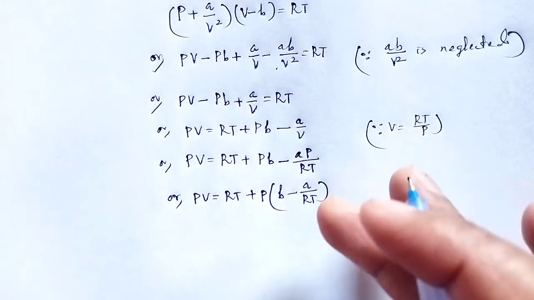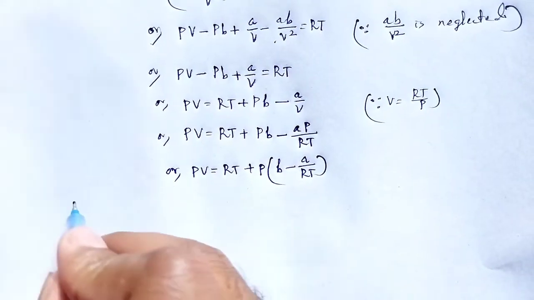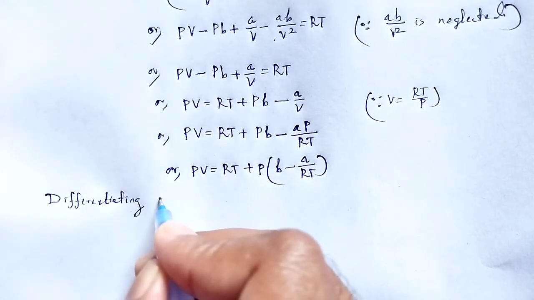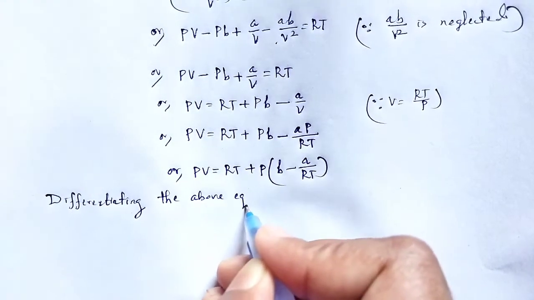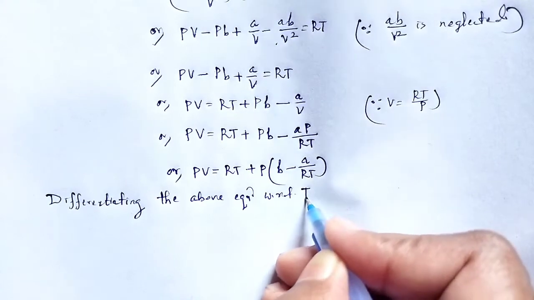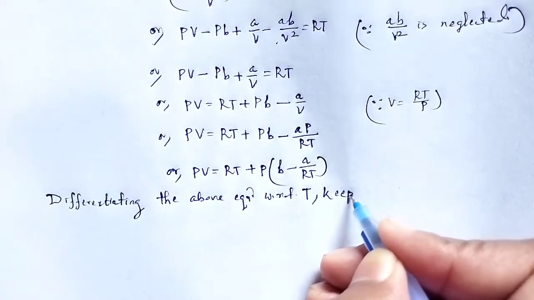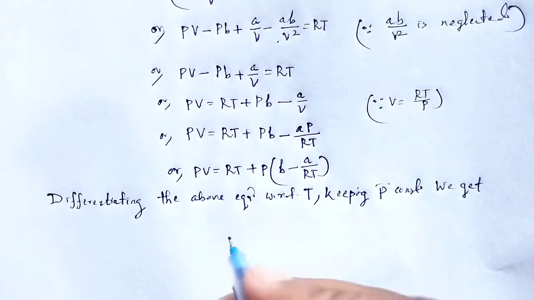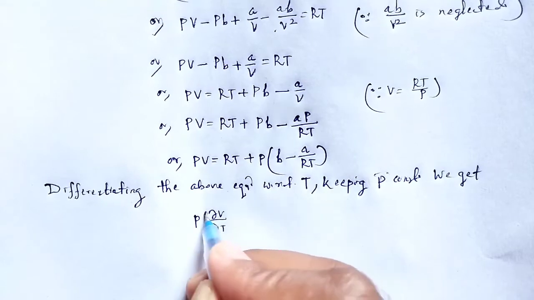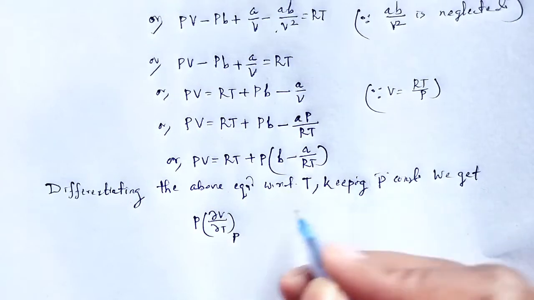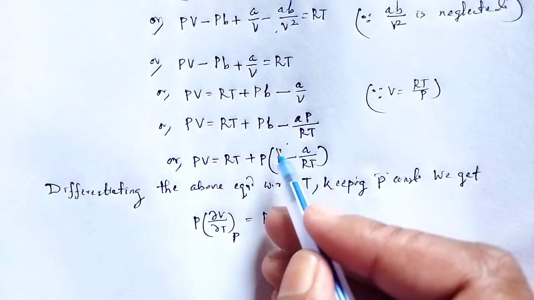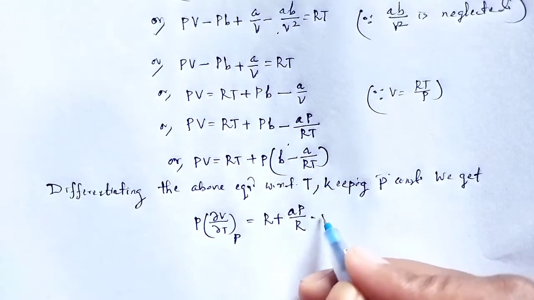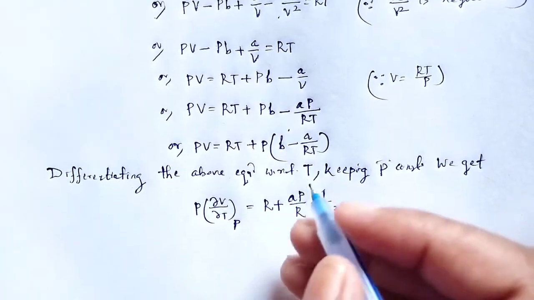Now differentiating the above equation with respect to temperature, keeping P as constant, we get P del V by del T at constant pressure is R, plus the first term PB will be 0, only that term will remain, so AP divided by R times 1 by T square from its differentiation with respect to temperature.